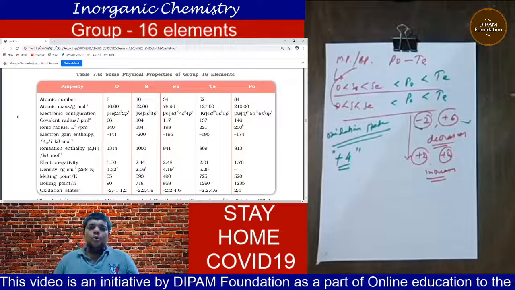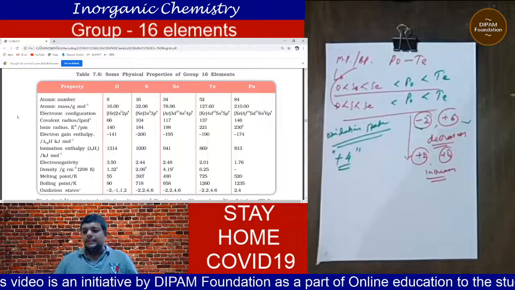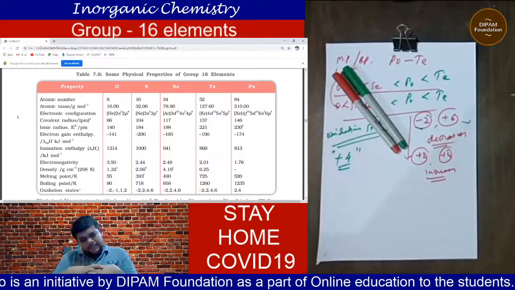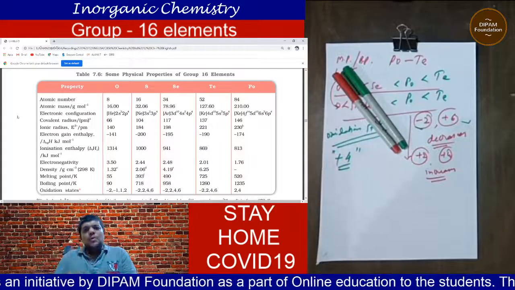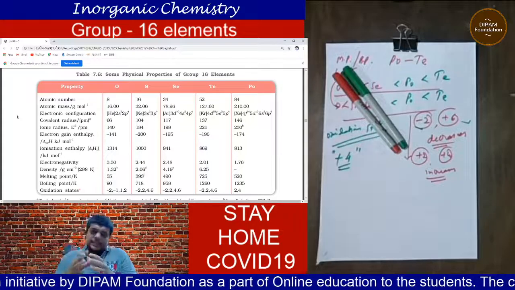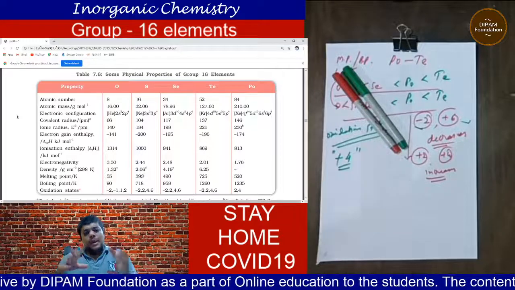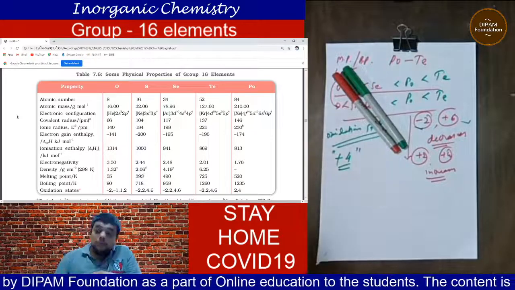Therefore, over here you can say that in terms of oxidation state, minus 2 and plus 6 decrease down the group, whereas plus 2 and plus 4 increase down the group.